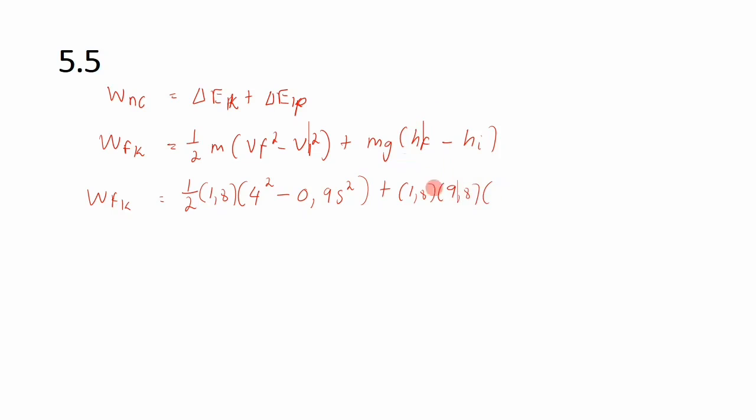When it reaches the ground there, the height is 0, relative to the ground. But when it was still above the ground, the height was 1.5. So it's just a matter of punching all this in your calculator. Then you have work done by friction equals negative 12.87 joules. So that becomes the work done by frictional force.